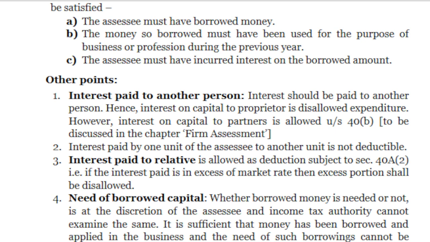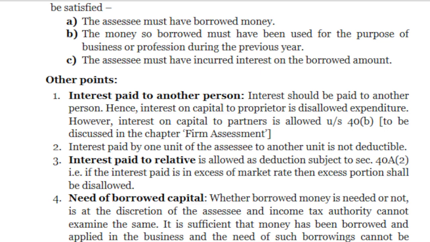Because when you file income tax returns, you file for the organization, not for the departments. Okay, very good. Interest paid to relatives, is it allowed as deduction? Absolutely yes. You can take loan from relatives. What's wrong with it?